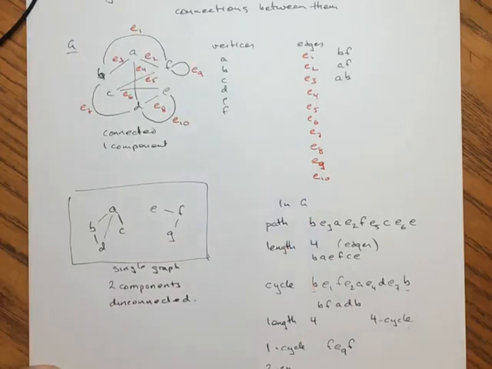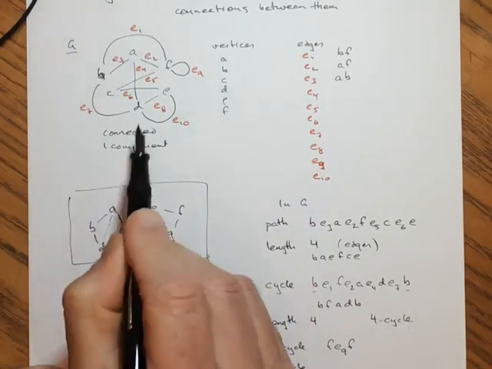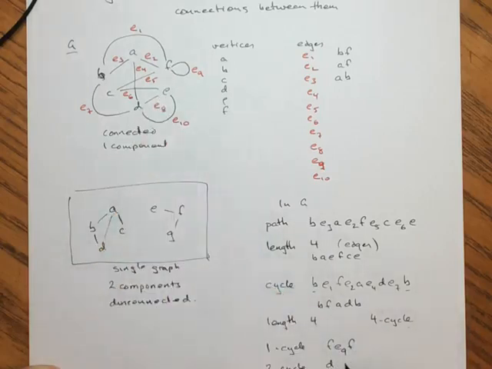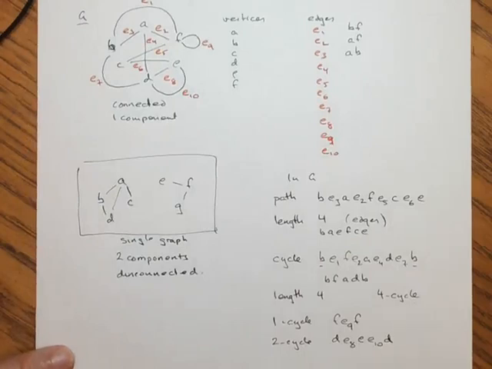A 2 cycle in this graph could involve D and E. So we start at D, follow E8 around to E, and then follow E10 back around to D. So start at D, end at D, and we've used 2 edges.